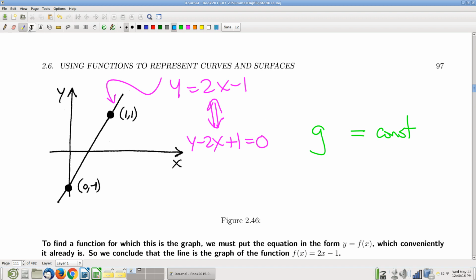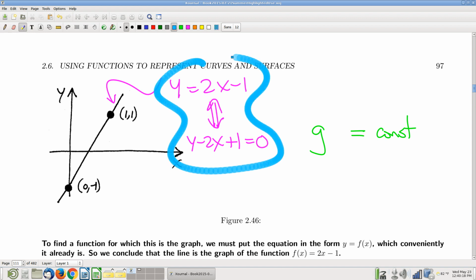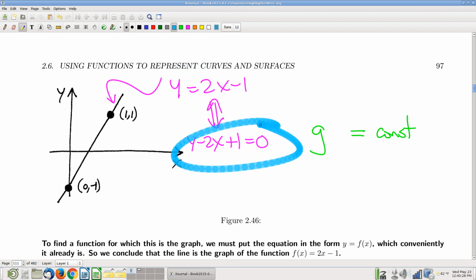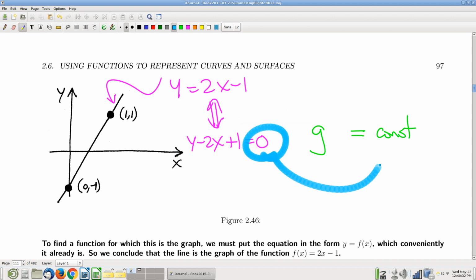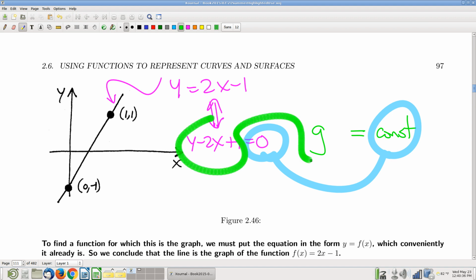Now these two equations are equivalent. They say exactly the same thing. And notice that this second one really does fit the desired form. So 0 is the constant, and therefore the function that I'm looking for is y minus 2x plus 1. Or let me rephrase that. An acceptable function.